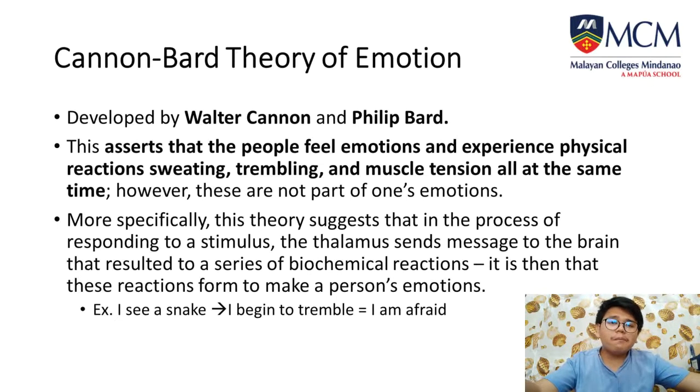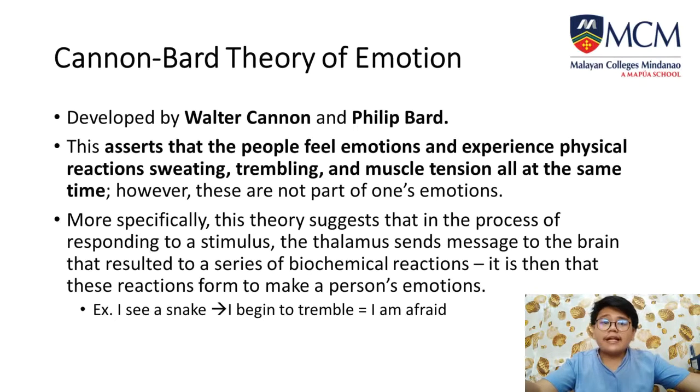Next, the Cannon-Bard theory of emotion. It was developed by Walter Cannon and also Philip Bard. This asserts that people feel emotions and experience physical reactions such as sweating, trembling, and muscle tension all at the same time. However, they are not part of one's emotions.